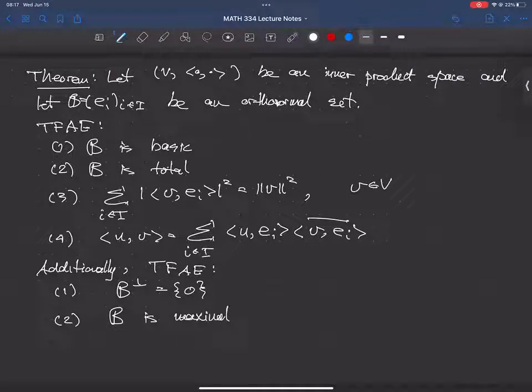The other pair of equivalent statements is: the only vector orthogonal to every vector in the orthonormal set B is 0, and that is equivalent to maximality in general.